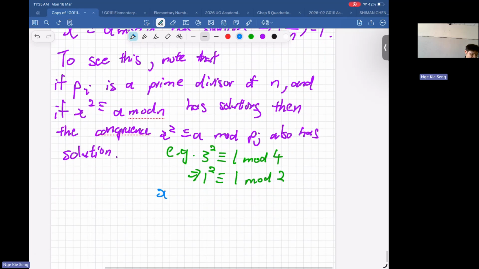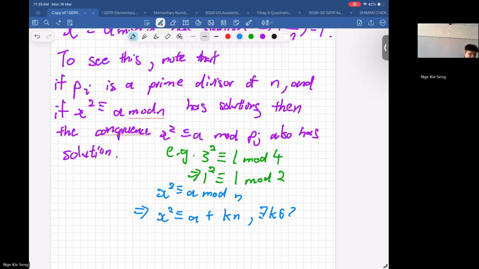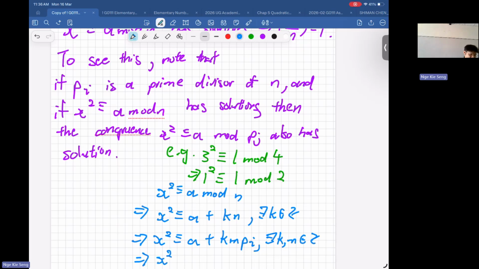So let's say we have x squared congruent to a mod n. This implies x squared congruent to a plus a multiple of n, right? But then pi can divide n. So I can actually rewrite this equation in terms of pi, so maybe m times pi. In this case, I can write this congruence as x squared congruent to a mod pi.